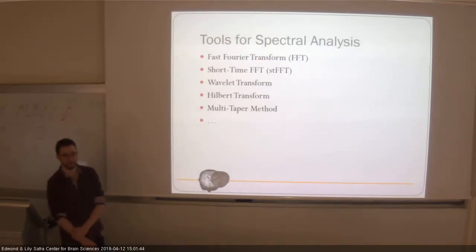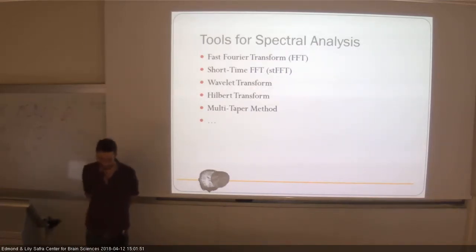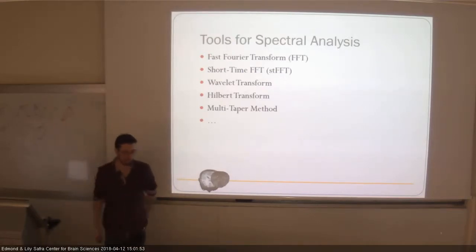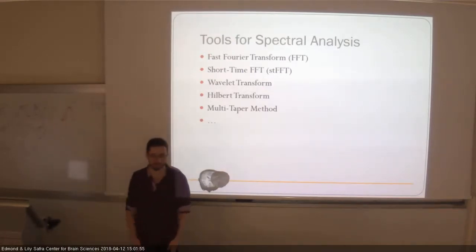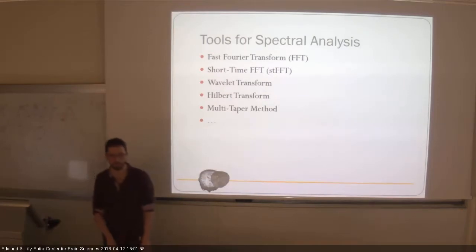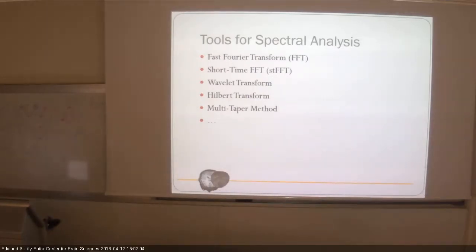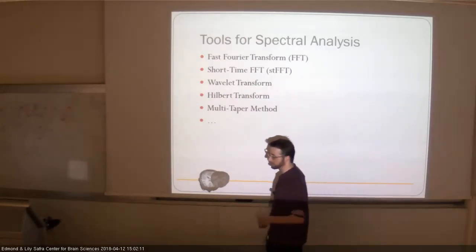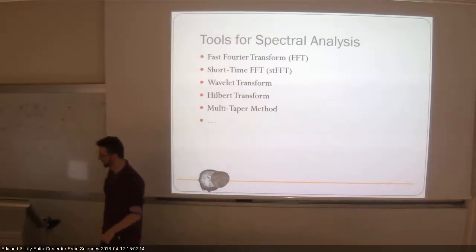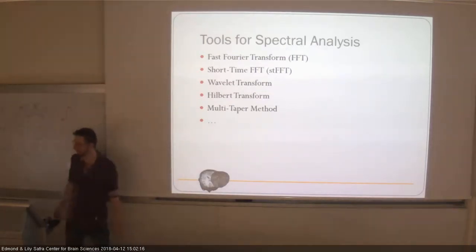Right. So let's talk about how we do frequency decomposition. Basically, it all boils down to the Fourier transformation. But when we look at the EEG signals, then usually we also like to see how the spectrum changes over time, and there are different ways to do that.